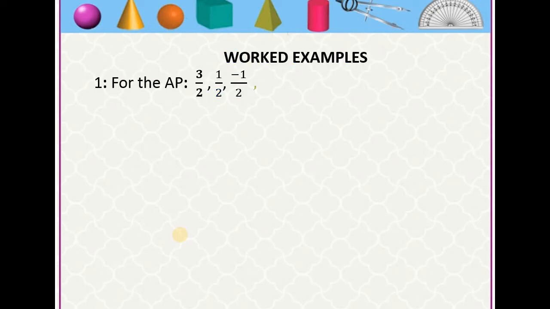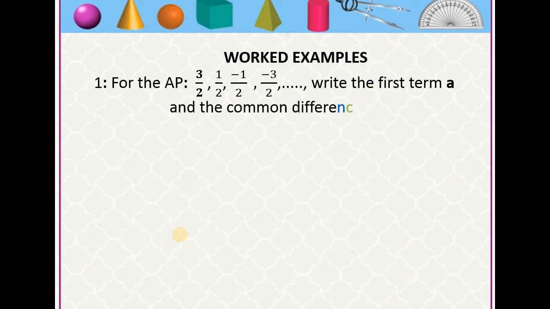So this is the general form of an arithmetic progression. In today's class we will solve some of the examples which are there in the textbook. Let us solve the worked examples. Let us take the first problem.